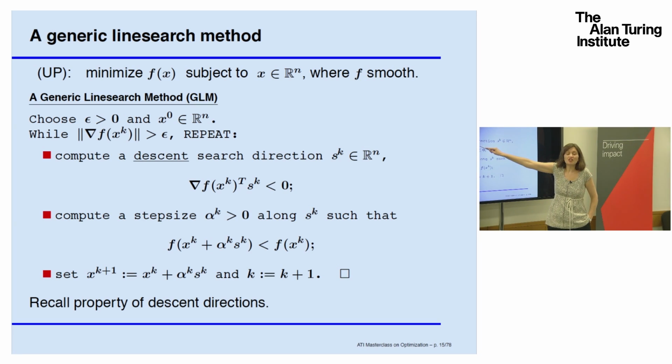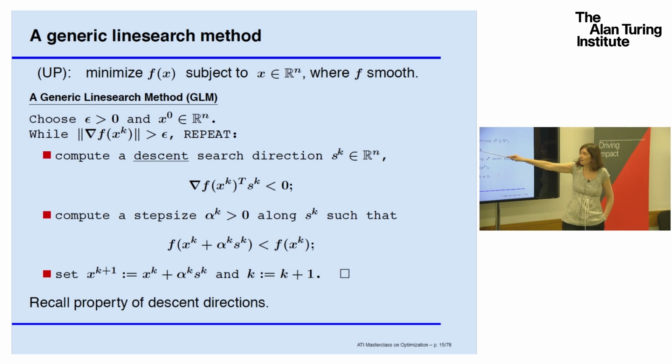Line search methods, generically, in the previous framework we had, this is all the same. I'm going to generate a descent direction Sk that satisfies this property. Then I'm going to compute a parameter alpha k that tells me how far along Sk I go to decrease f.